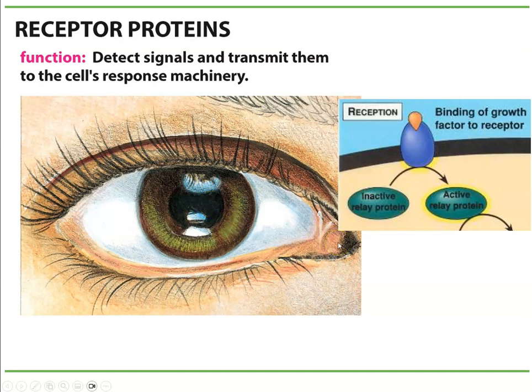Acetylcholine receptors help to change muscle contraction. The insulin receptor I mentioned before changes our metabolic processes. And there are all sorts of other ones, not obviously all of which we'll go into, as there are a tremendous number.